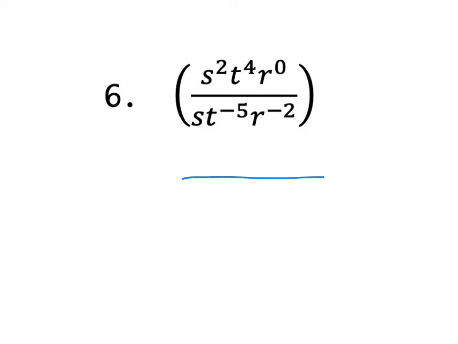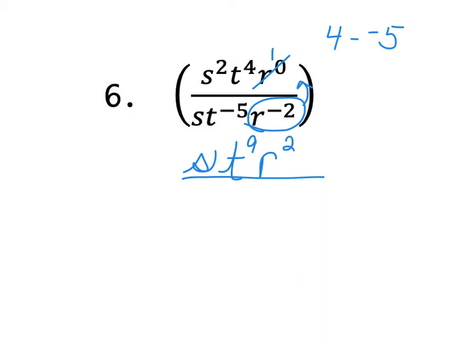So I think I am actually going to switch to a cursive letter, so it looks like an S. T, keep my base, top exponent minus bottom would be 4 minus negative 5, which is positive 9. And here, this is just a 1, r to the 0, so this r to the negative 2nd flips to the top and becomes positive r squared. I have no more like bases, so I'm finished.